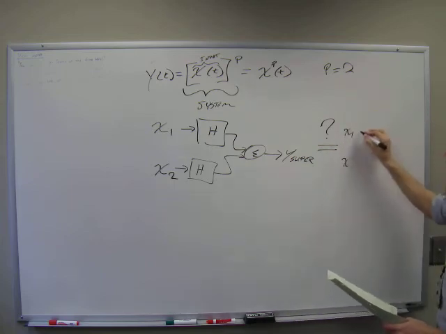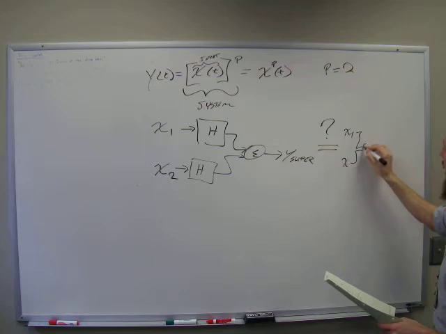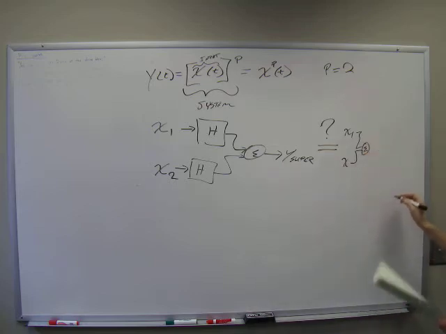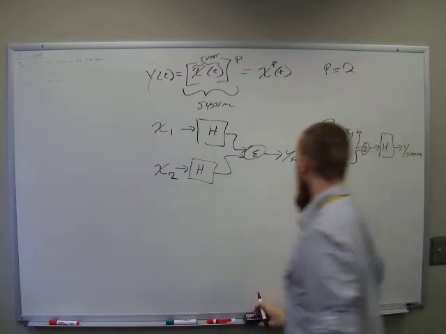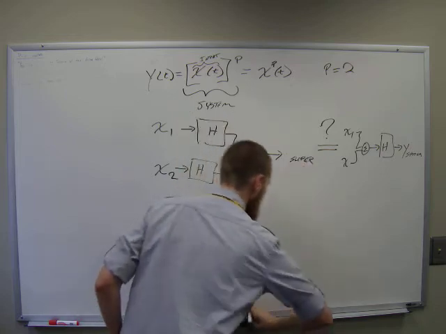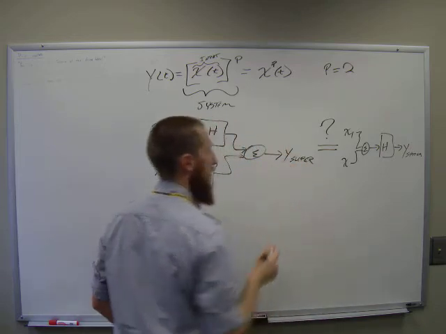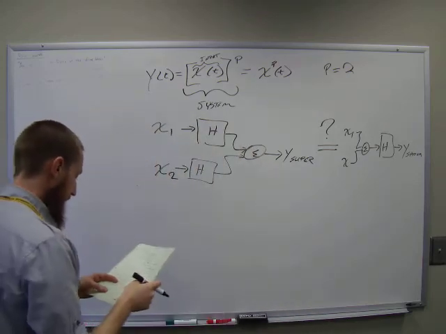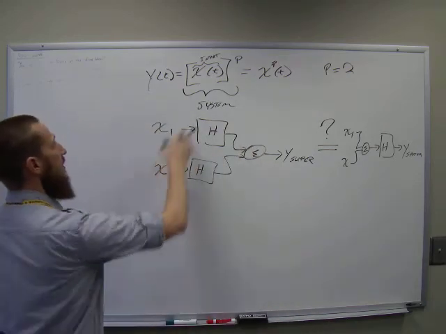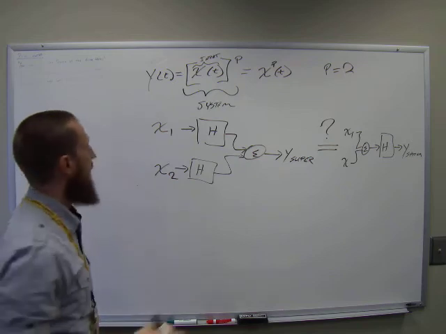so this is the question for superposition, x1 and x2 that we first sum and then put through the system H, which results in y system. If y of system is equal to y of superposition, then this passes one of the checks for linearity. So is this true? Let's take this and apply our system.